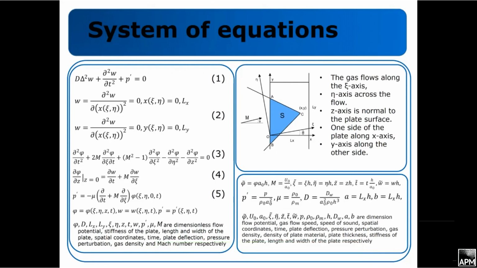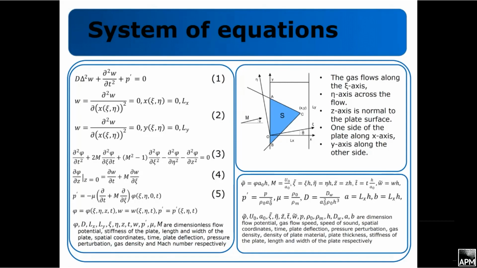The first is the plate motion equation. The second, the simply supported boundary condition. The third, the flow equation. The fourth, the free slip condition, and the fifth is the expression for the plate perturbation on the plate.